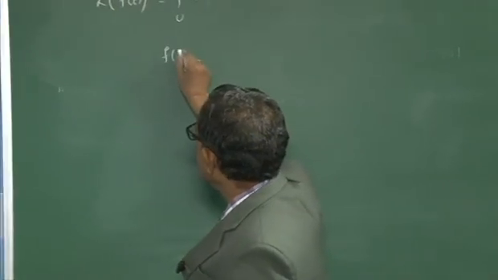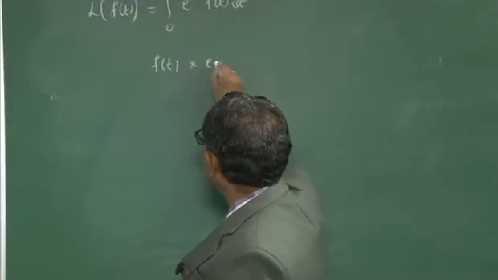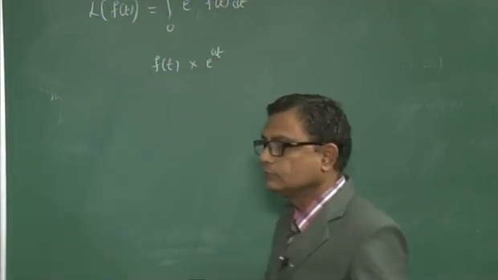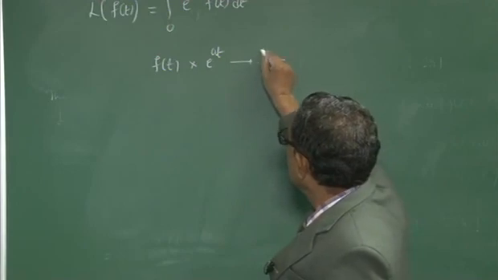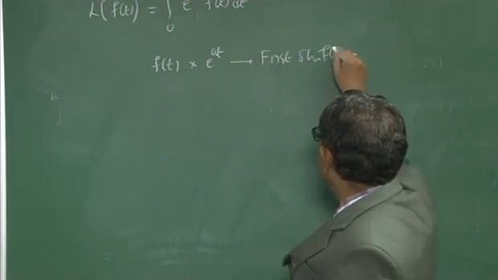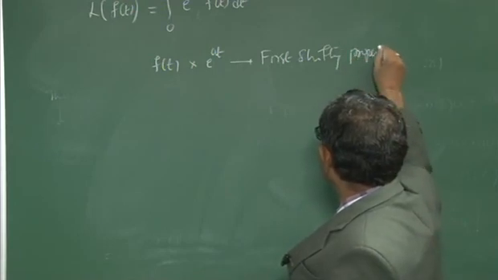If the given function f of t is multiplied by the exponential function, you can use the first shifting property.